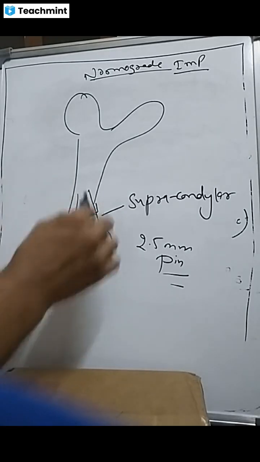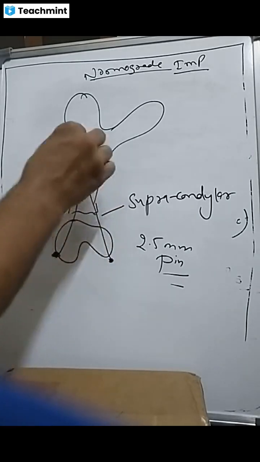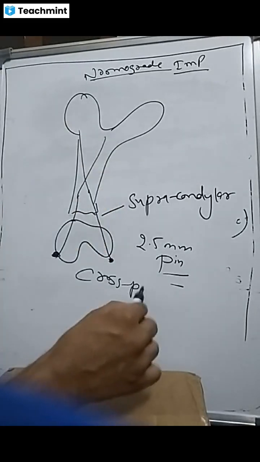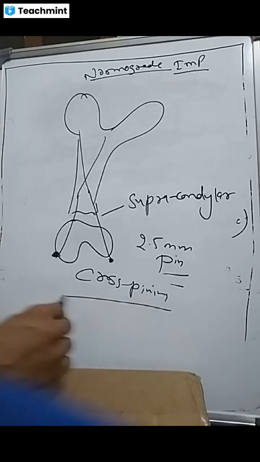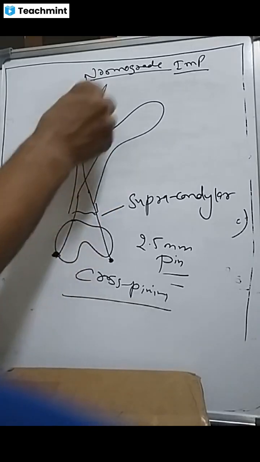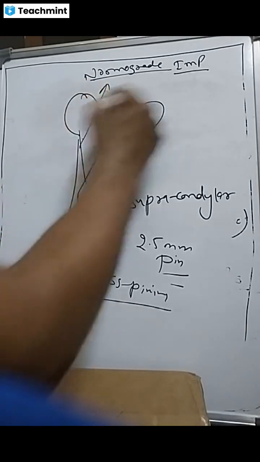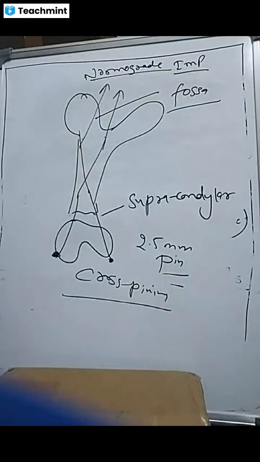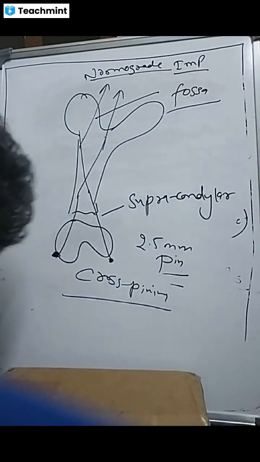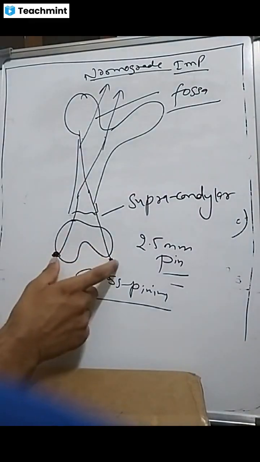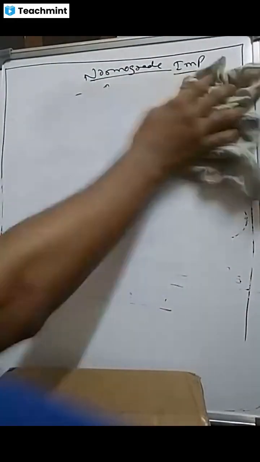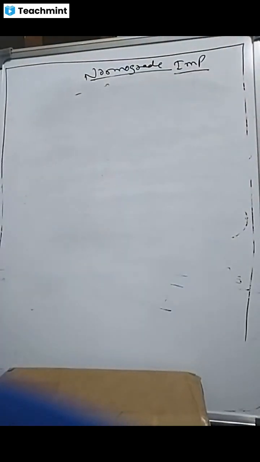We will enter, then these pins cross, so the technique is called cross pinning. From where they will come out, they will come out. So for cross pinning, you should know the important landmark. One for the entry and one for the exit.